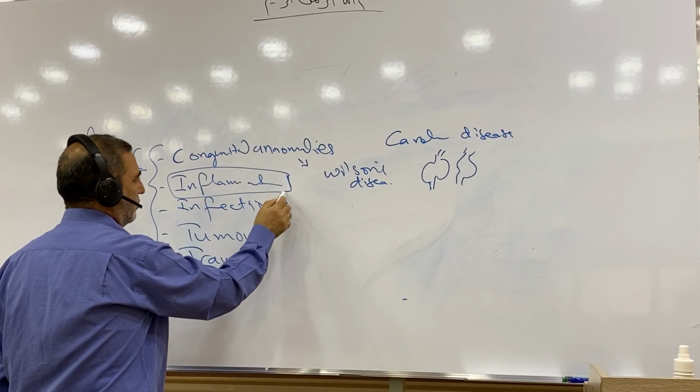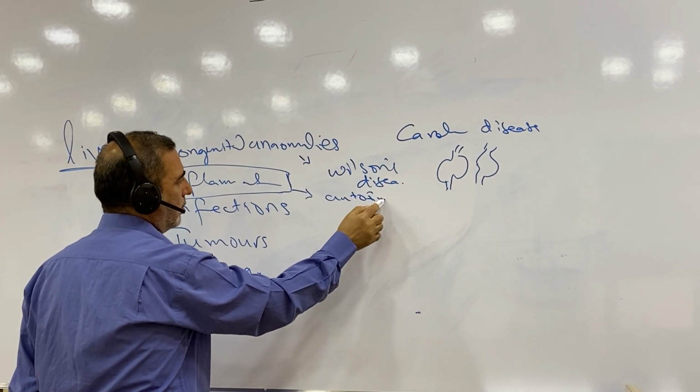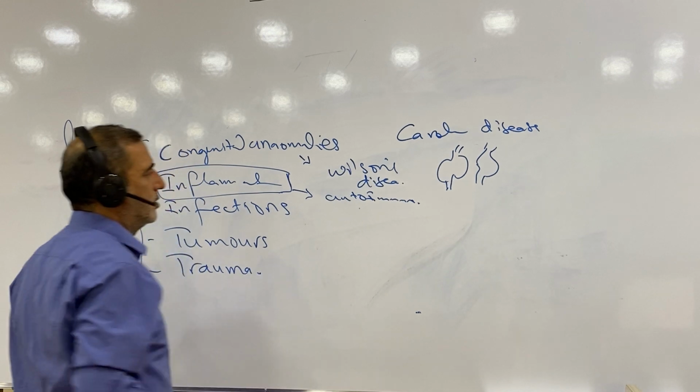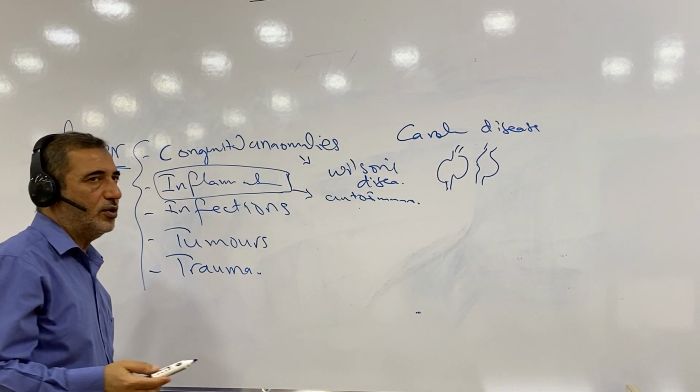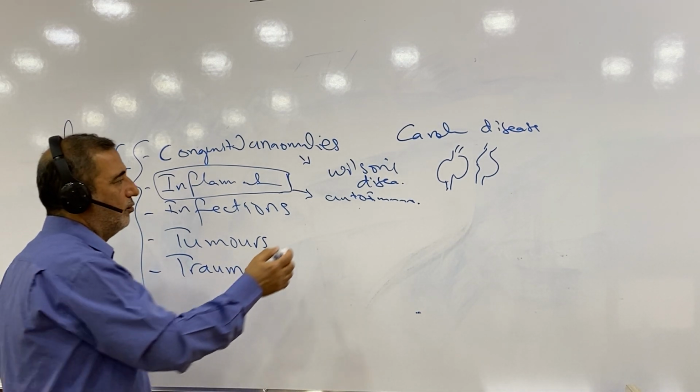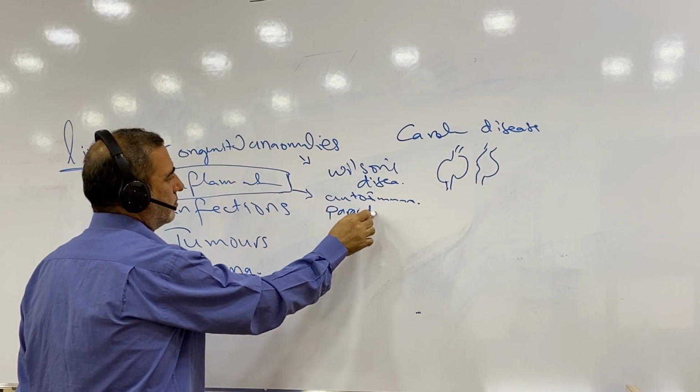Inflammatory process, for example, autoimmune hepatitis. Sometimes the liver is affected by toxic materials. For example, drugs like paracetamol.